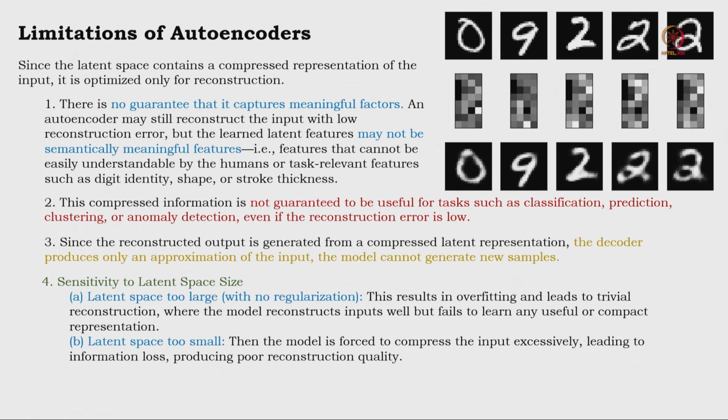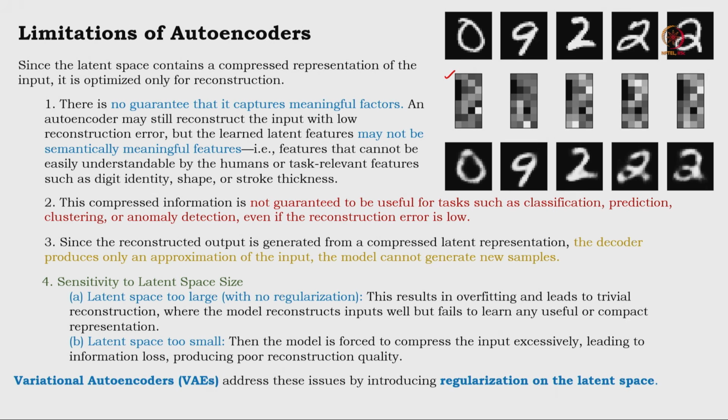If you look into these limitations, they have arisen because of the latent space or latent representation only. Therefore variational autoencoders, which in short we call VAE, address these issues. And how does it address these issues? By introducing regularization on this latent space.